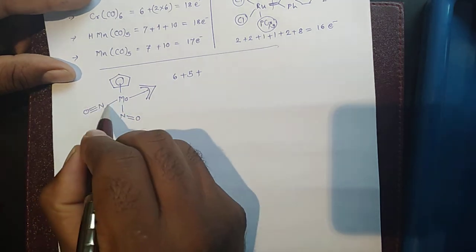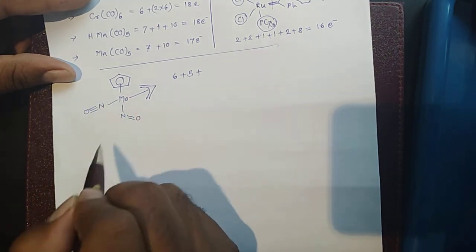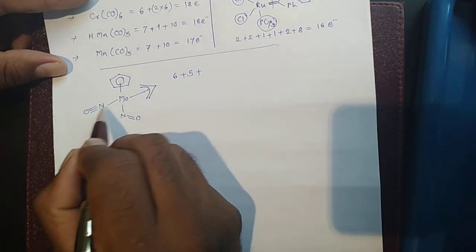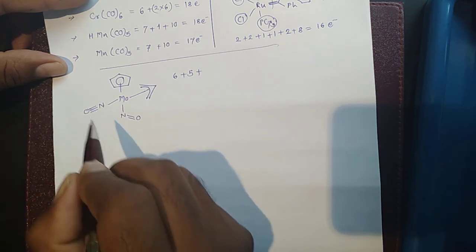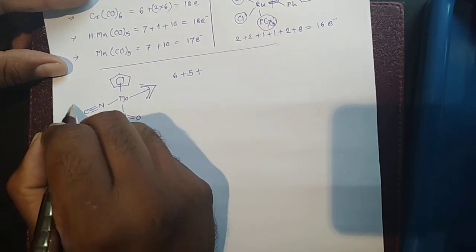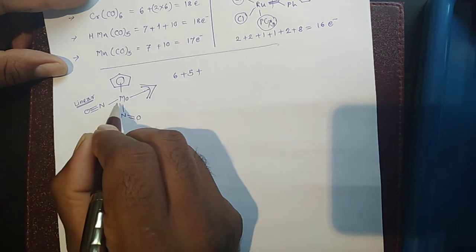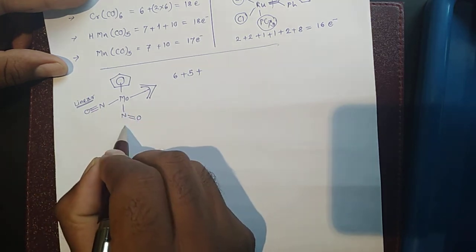Then see here, both ligands have an NO group. But what is the difference between them? This one is bonded with oxygen via a triple bond and this one with a double bond. While writing also, this one seems linear, a straight line, and this one is bent.